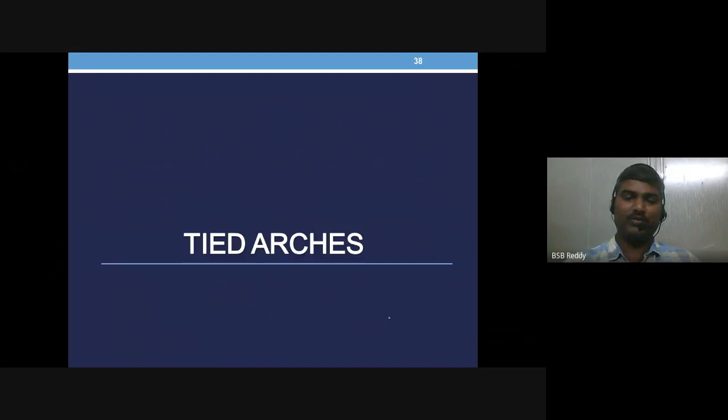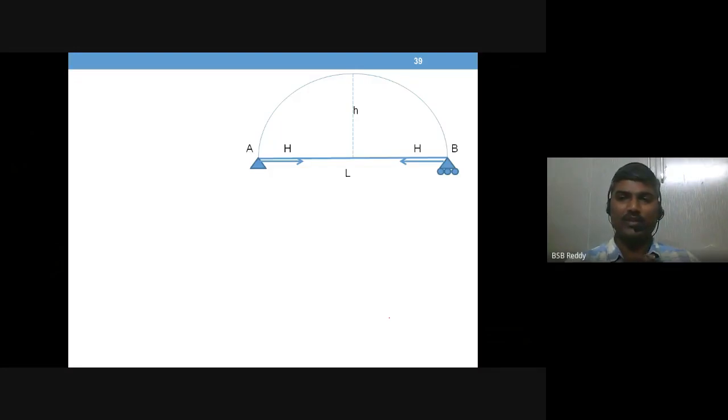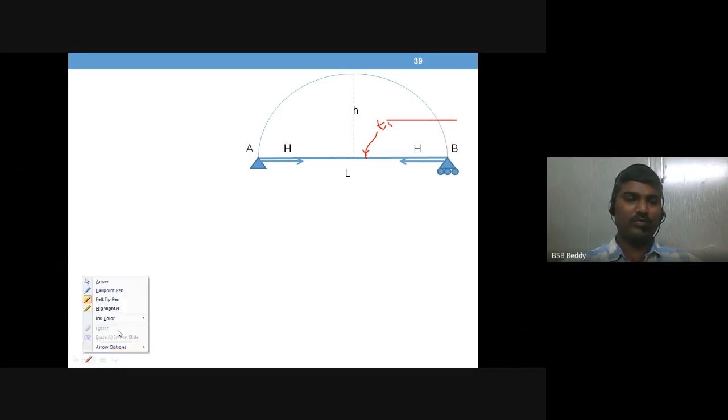Tied arch means, if you can see the diagram, the arch is provided with a tie, a tie member. You better know what is meant by a tie from your earlier studies.